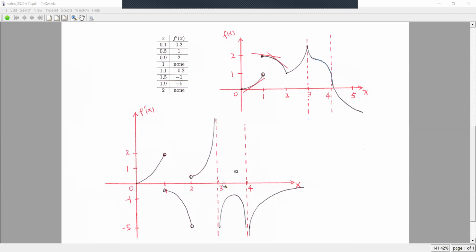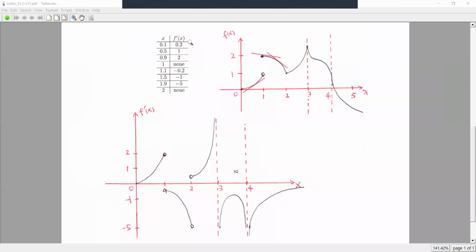Now, when x is away from 3, the value is smaller and smaller, but still negative. Beyond some point, derivative becomes larger and larger, but still negative. When x is close to 4, derivative is very large, but negative. Actually, when x approaches 4 from the left side, this curve goes down to negative infinity.